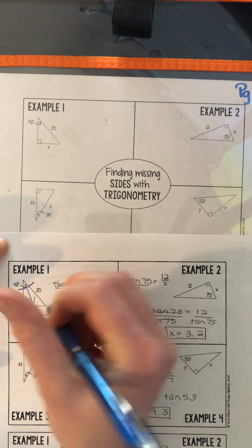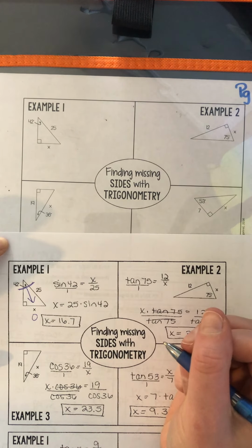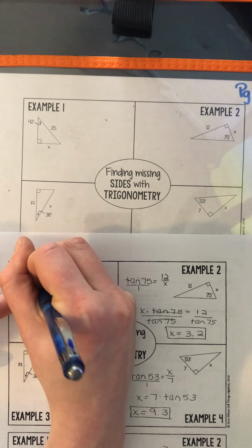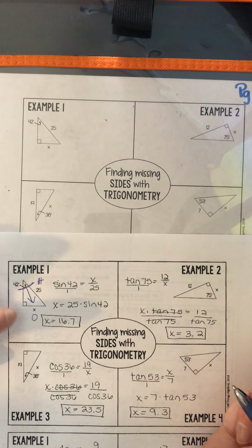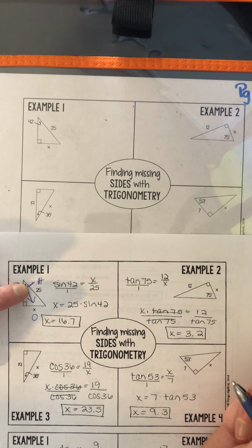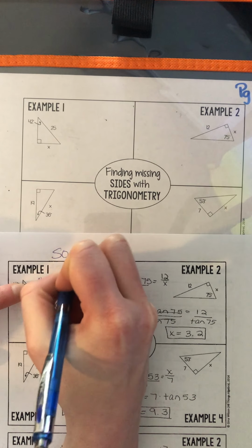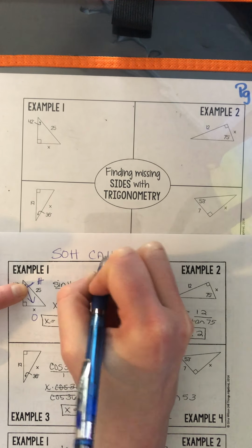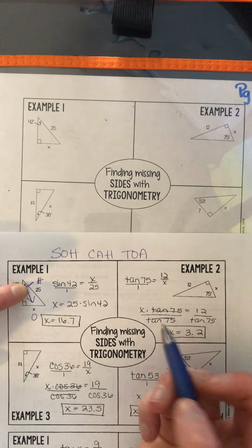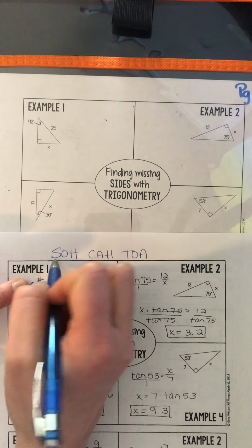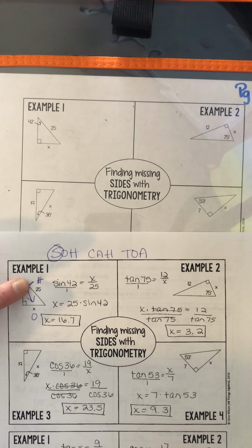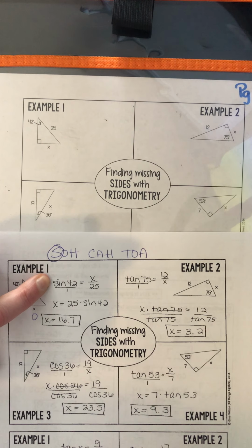I have x opposite that angle. They gave me the ramp, h. All I have to work with is O and H. And the only one with O and H in SOHCAHTOA is sine. Hence we use the sine function.